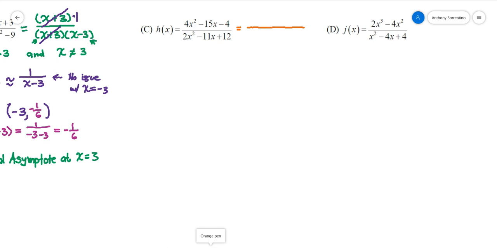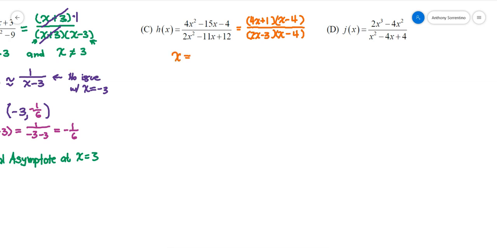I'm not going to show the entire AC method here for the sake of time, but the top would factor into 4x plus 1 and x minus 4. Down here, the bottom would factor into 2x minus 3 and x minus 4.